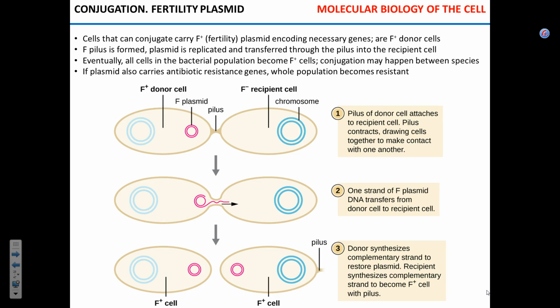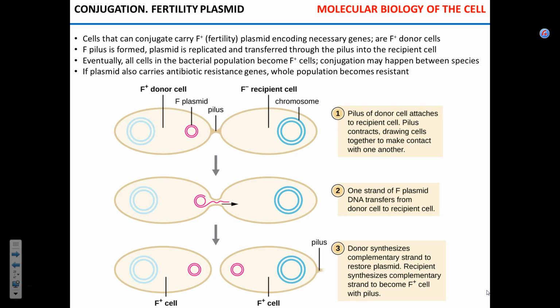Transduction, whether generalized or specialized, is more specific, and phages contribute mostly to the virulence factors. They often represent virulence factors. Now, conjugation is a critical mechanism of antibiotic resistance spread in the populations of microbes.